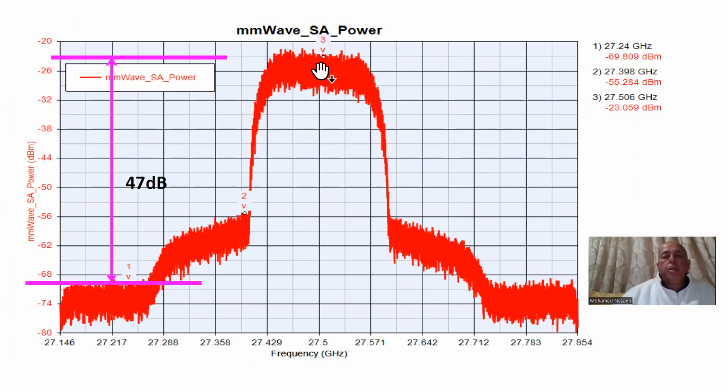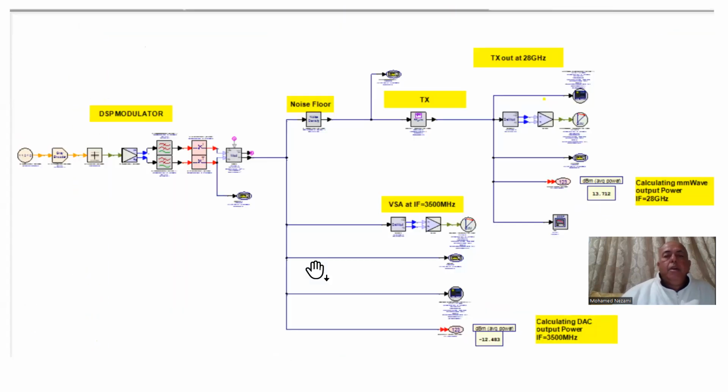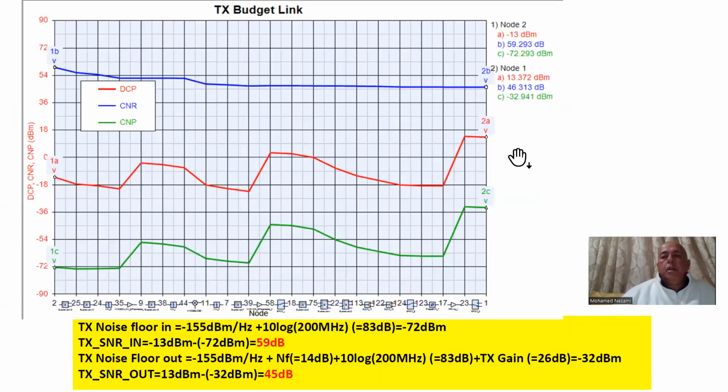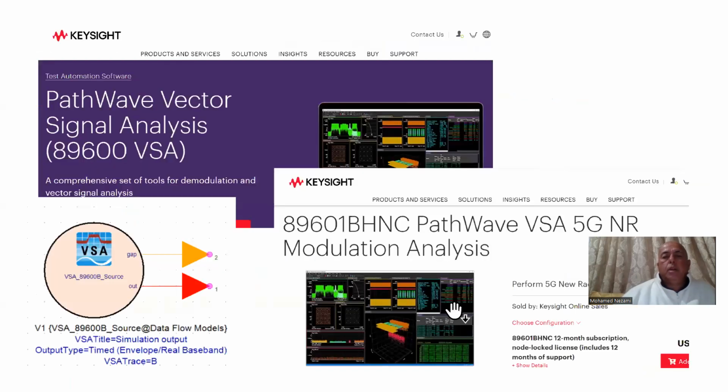If you compute from the plus 13 dBm, you have 47 dB, and if you go back to this here, that's what we wanted. See here, we have 13 dBm out. The noise floor is going to be minus 33 dBm in here, and the output is 46 dB of signal carrier to noise ratio, in this case computed and calculated.